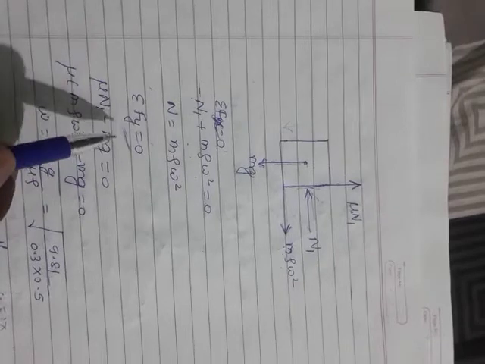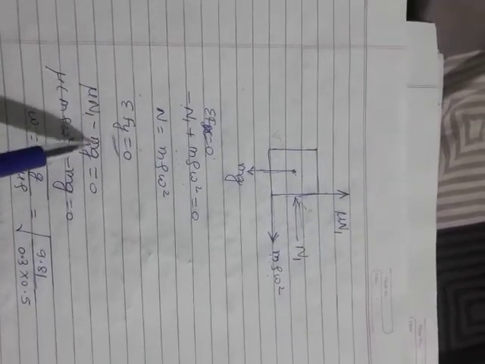Now I am applying summation fx equal to 0. Normal reaction n1 leftward, centrifugal force m r omega square, so n1 equal to m r omega square. Secondly, I am applying summation fy equal to 0.